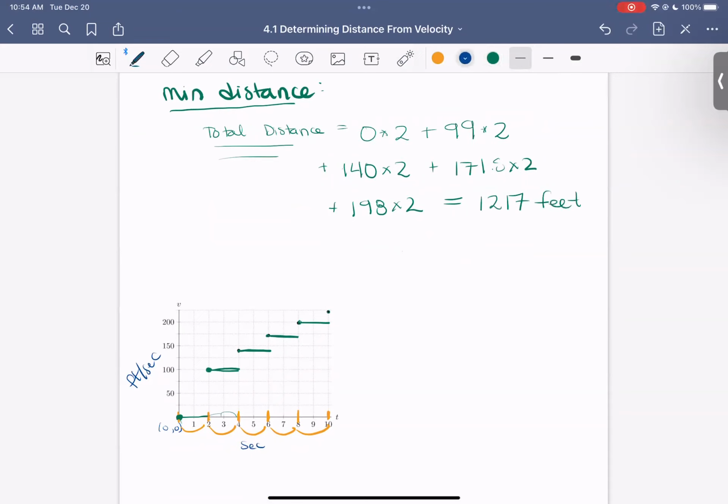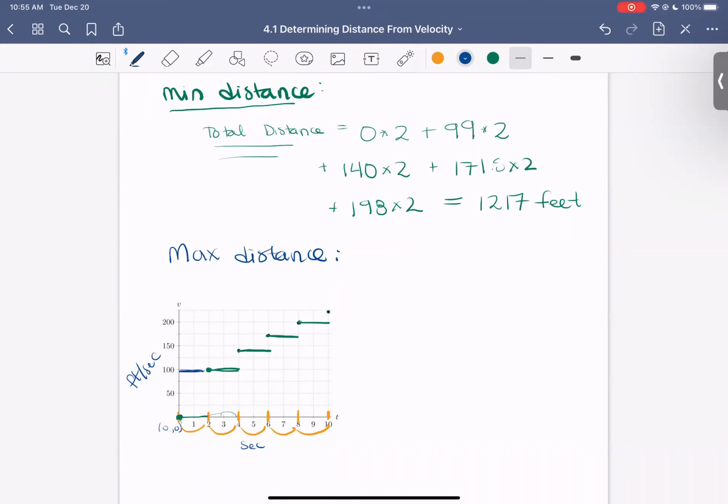So we can do a similar thing to compute the maximum distance. For that, we assume that the plane, again, is going at a constant speed on each chunk of interval. But now, rather than look at the minimum velocity, we assume that the plane traveled at a constant velocity as fast as it could go on the interval.